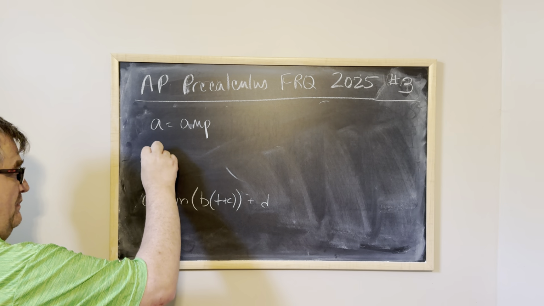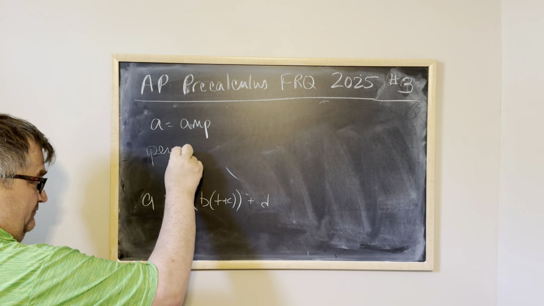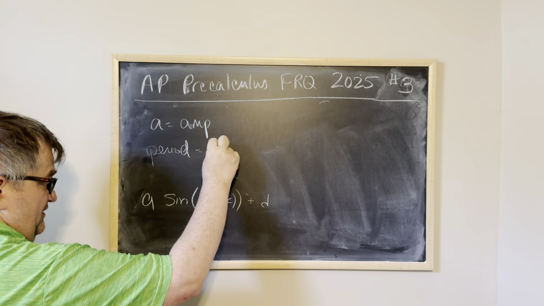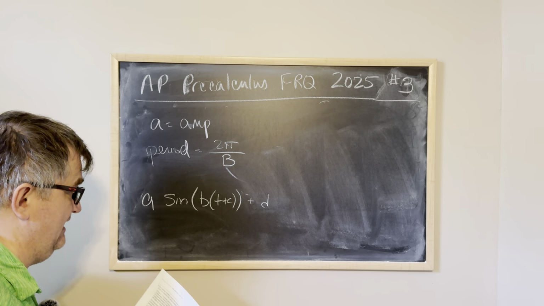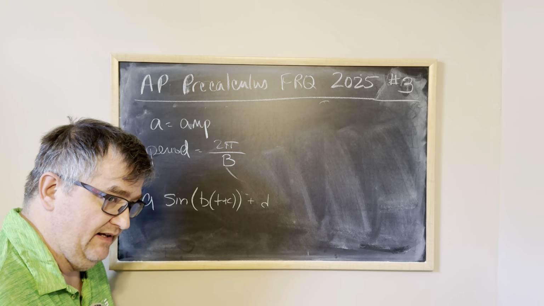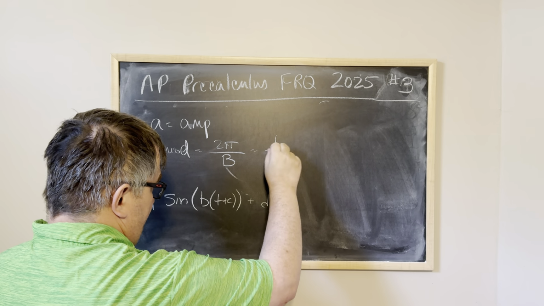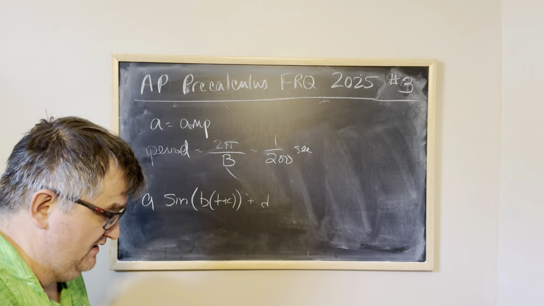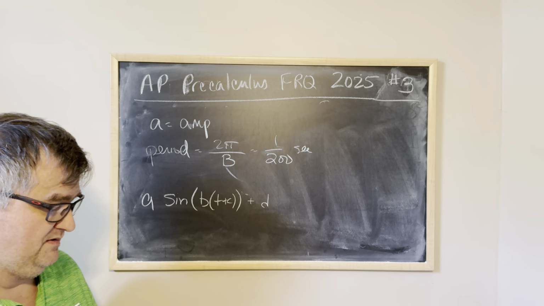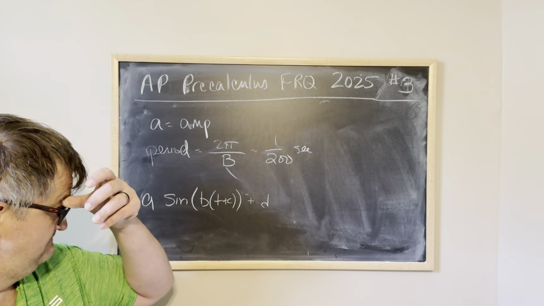We know the period is 2 pi over b. But we know what the period is. The period, because it told us in the question, this motion occurs 200 times in a second. That's period. We know this.